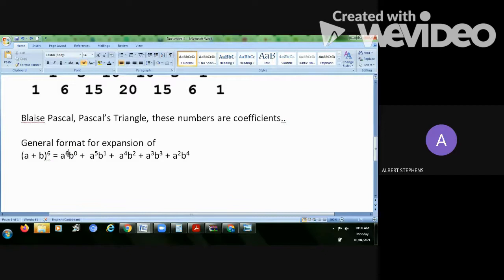And you continue: A6, A5, but the Bs you're going to increase to 1, then 2, then 3.